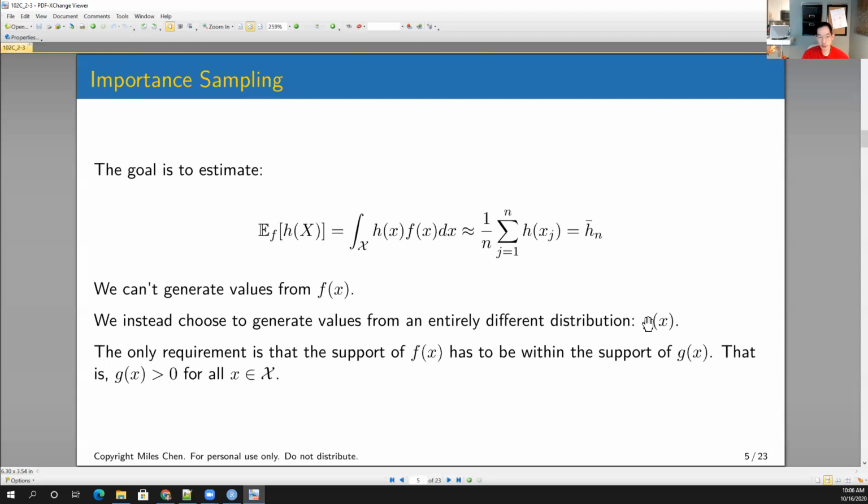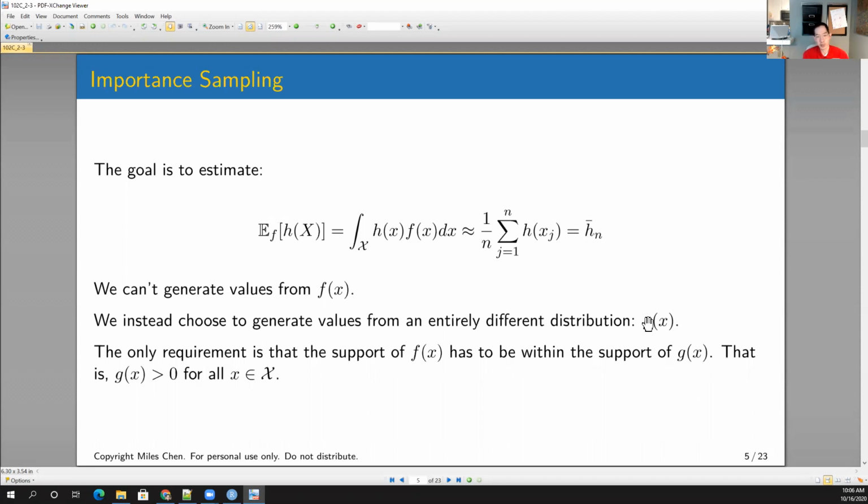The only requirement here is that the support of f has to be contained within the support of g. We don't want any situations where f is not 0, but g happens to be 0. So g has to be greater than 0 anywhere f is greater than 0. It's okay for f to be 0 and g not to be 0.